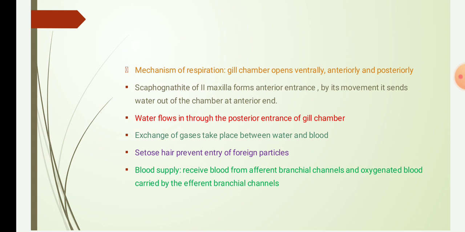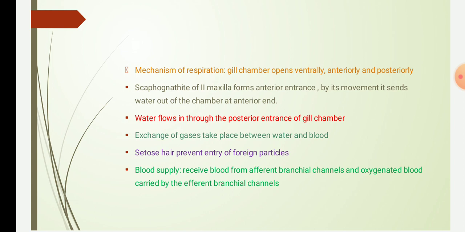So the anterior entrance will lead to the movement of water out of the body, whereas the posterior entrance of the gill chamber will provide entrance for the inlet of the water.